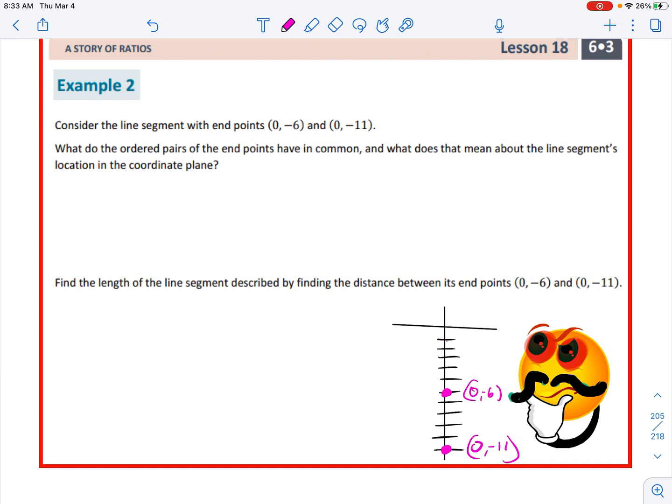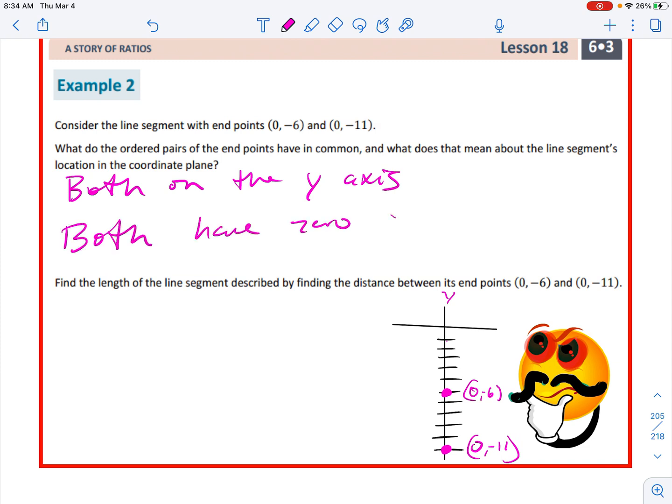Okay, and then it says, what do the ordered pairs of the endpoints have in common? Well, both are on the y-axis, and they both have 0 as their x coordinates.